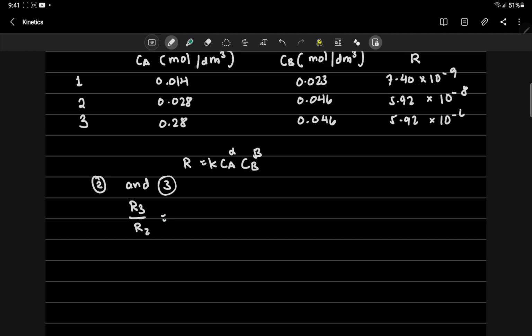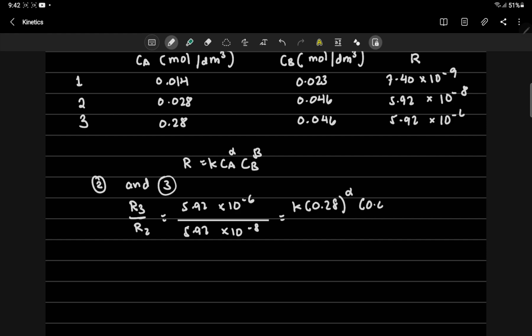Okay, so in this data, we have 5.92 times 10 raised to negative 6 divided by 5.92 times 10 raised to negative 8. Now, for the first rate, which is R3, if you check the table above, the concentration of A is 0.28 raised to alpha.